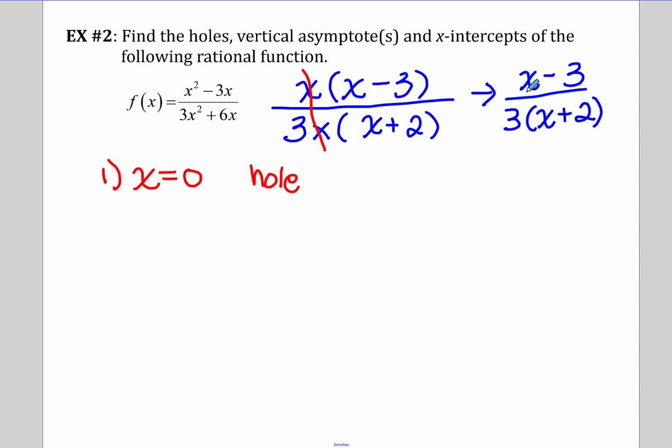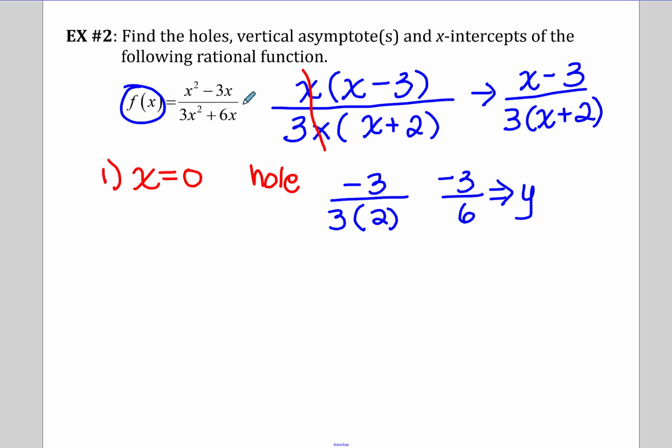So let's just consider, if you put a 0 here, then our numerator is negative 3, and then 0 plus 2, then we have negative 3 over 6 for the y value. This is our y value. See, y equals that, and we factored to get this, and we simplified to get this. So our y value for the hole is negative 1/2.